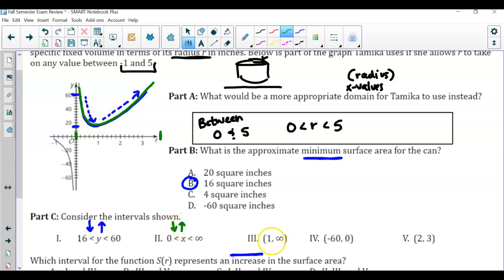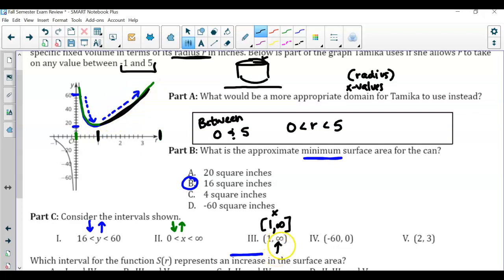Then this is showing parentheses, but we're used to seeing it also as the bracket, where this is 1 to infinity. So again, we're focusing on x values, starting now at 1 to infinity. So now we're only looking at this portion of our graph, which is increasing.